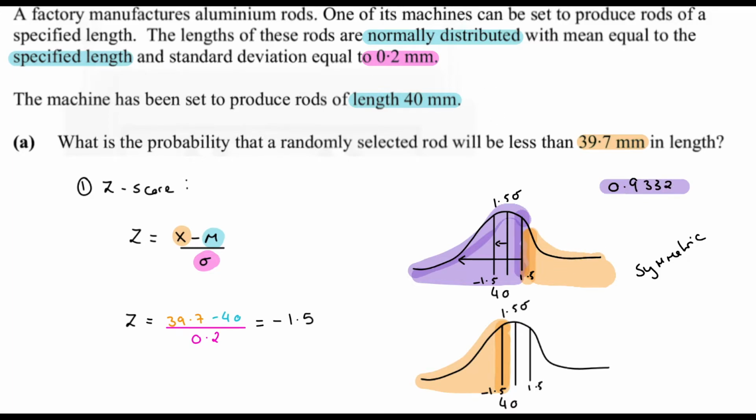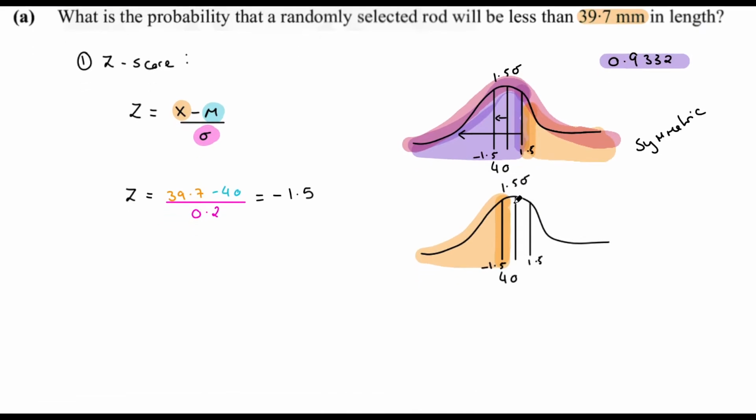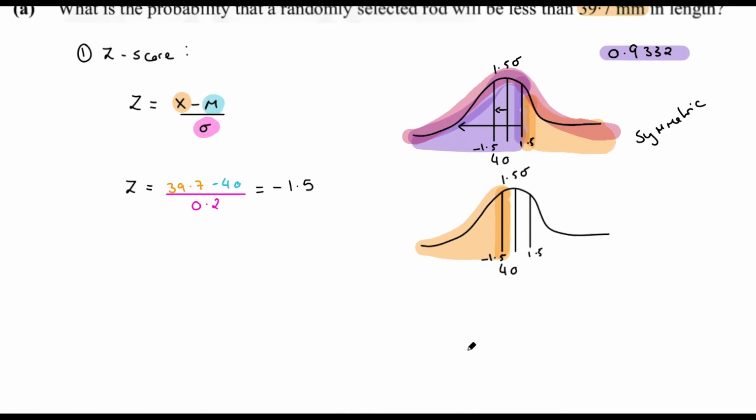So how am I going to work out the yellow? Well, you have the whole part, which I'm going to highlight here. The whole thing is red, and it's 1. And we know the purple region is 0.9332. So we're going to set that up: 1 minus 0.9332.